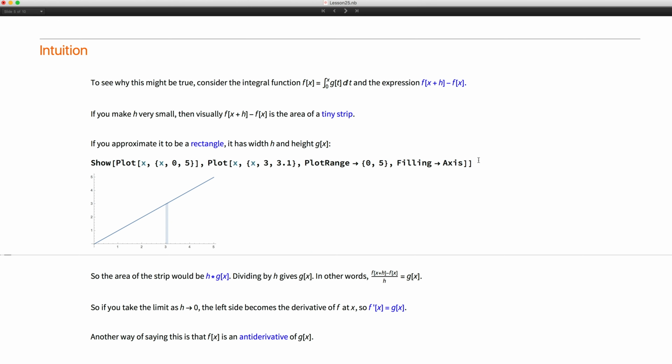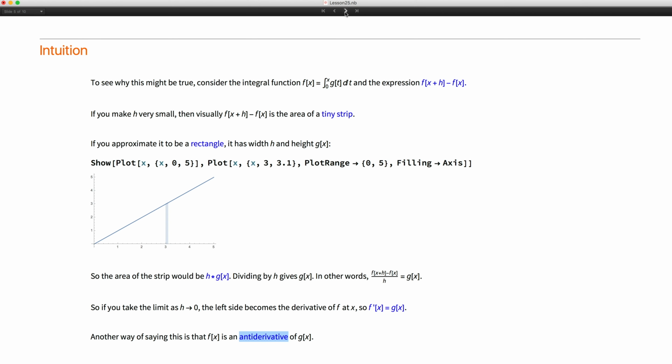The area of that strip is simply the width times the height, which is g of x. So the area is h times g of x, but then that is f of x plus h minus f of x. So if you divide, then you get back this relation over here, but as h goes to 0, that says that f prime of x is equal to g of x. In other words, f of x is an antiderivative of g of x.